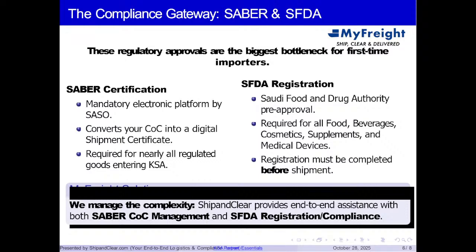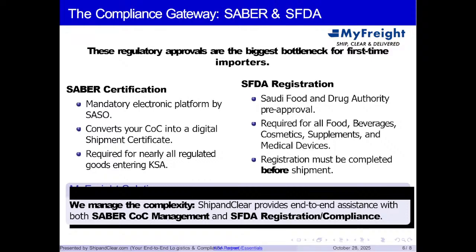Just to explain in detail, if somebody is importing any machinery item, electric items, excavators or any type of machinery, computers, anything electronic and electrical, COC is required, and it will be created through your Saber account, the importer's Saber account, the Saudi company. All the regulated goods would require it.